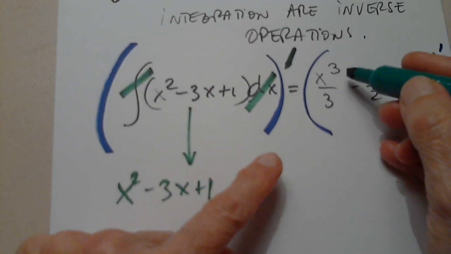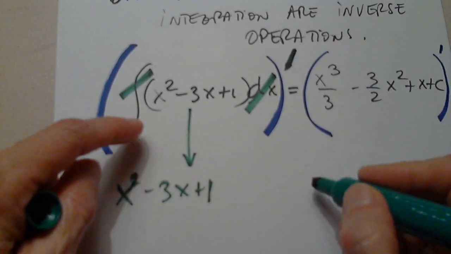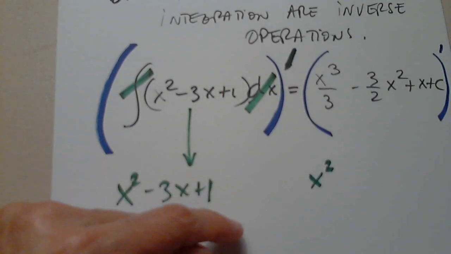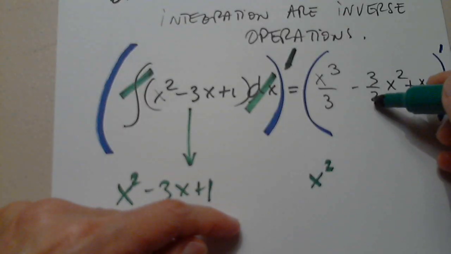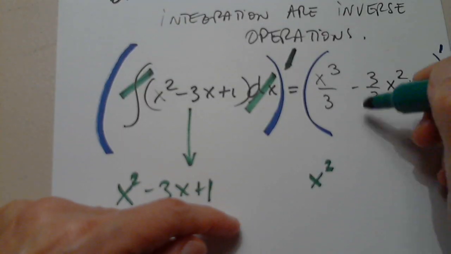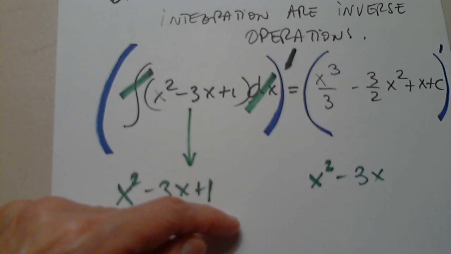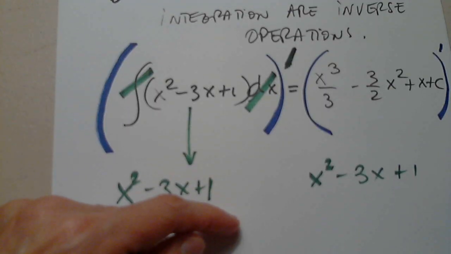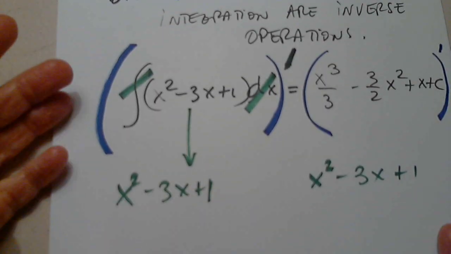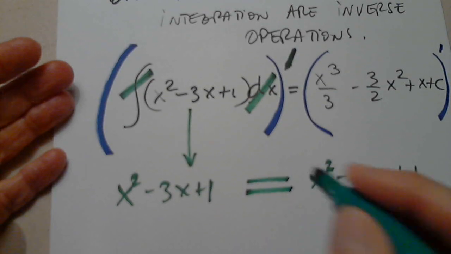So I differentiate x cubed over 3, and I get x squared. I differentiate negative 3/2 x squared, bring down 2, simplify, and get negative 3x. I differentiate x, and I get plus 1. When I differentiate any constant, I get 0. And look at this.